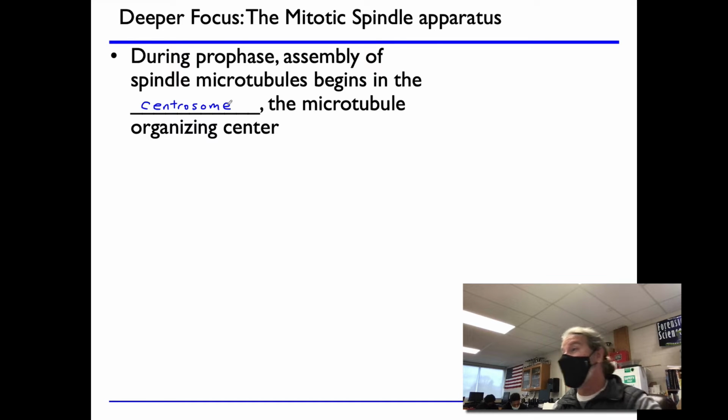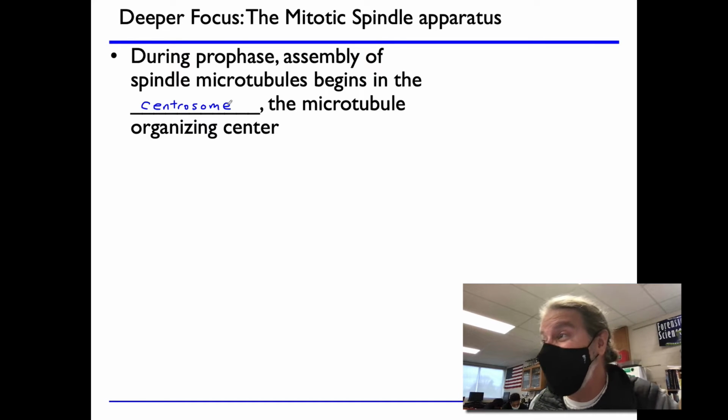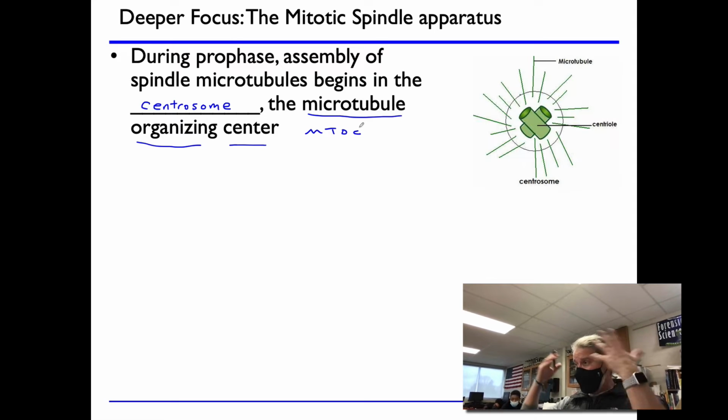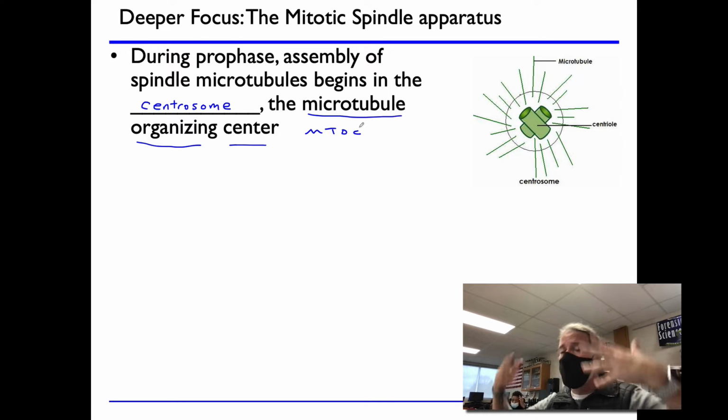We have centrosome, we have centrioles, centromere, and you got to get those straight in your head. But the microtubules begin in the centrosome, the microtubule organizing center. That's its nickname. Some people even call it the MTOC, microtubule organizing center. Okay, so try to allow your brain to absorb that.